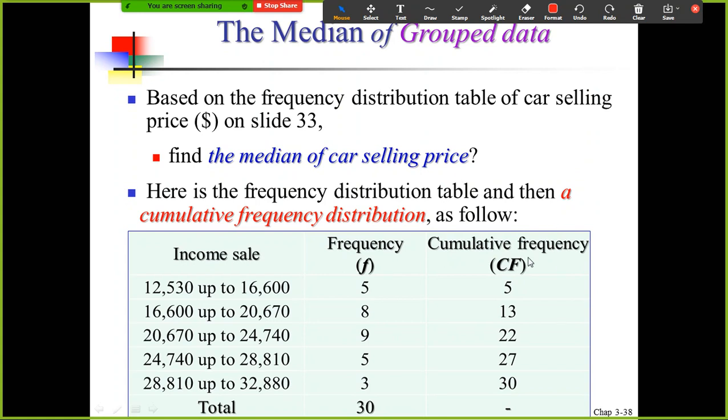We already did cumulative frequency for class 1, class 2, class 3, class 4, up to the last class. Remember that the cumulative frequency of the last class must equal the total frequency. If it's not equal, something is wrong. Check.